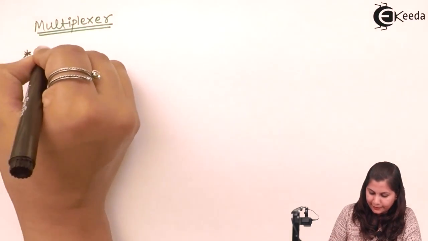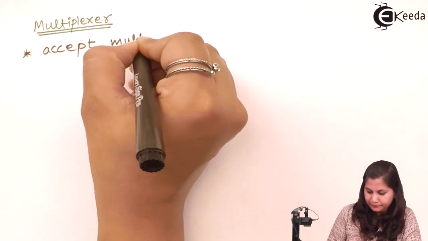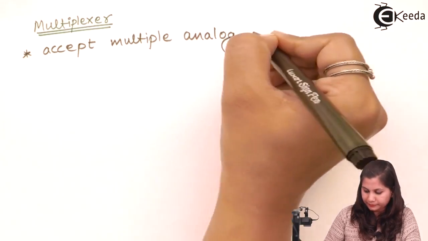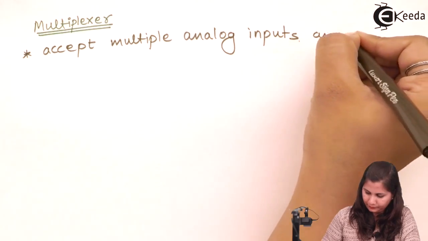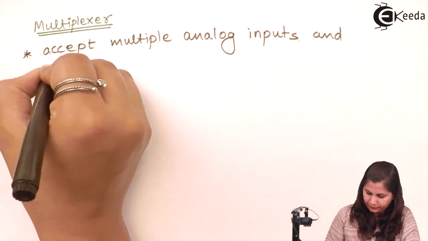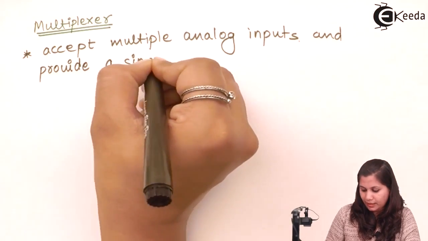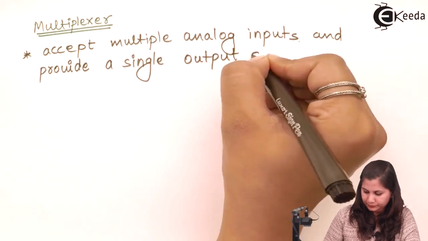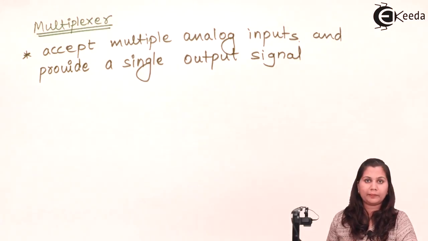So the multiplexer accepts multiple analog inputs and provides a single output signal according to the requirements of the system.